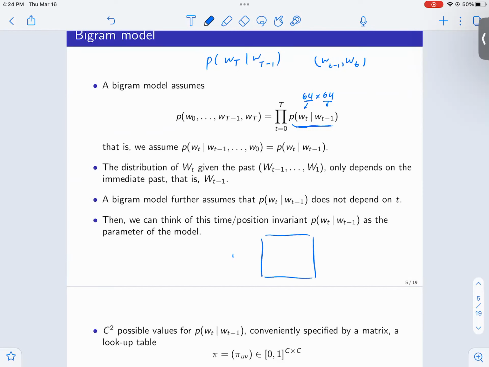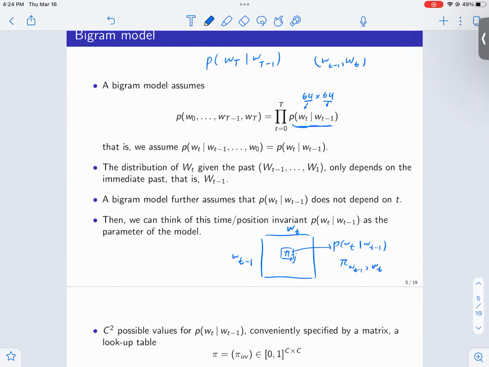The probability of W_{t+1} goes here, given W_t, and I'm going to write this as pi_ij. It's a matrix indexed by 2 entries, and now you really have a very small parameter space. Okay. Does that sound good?